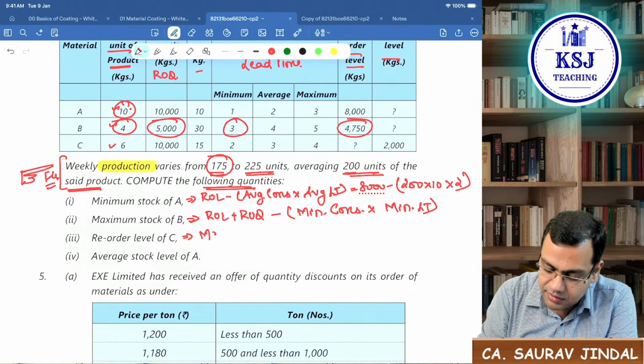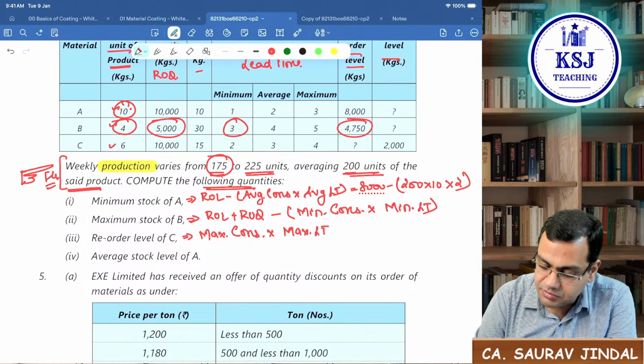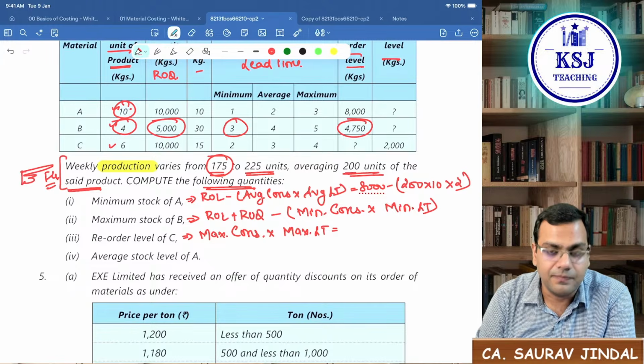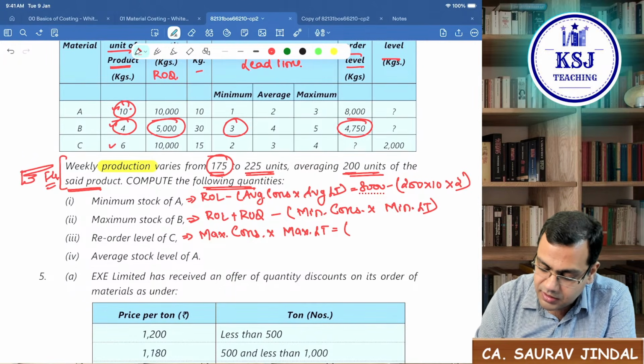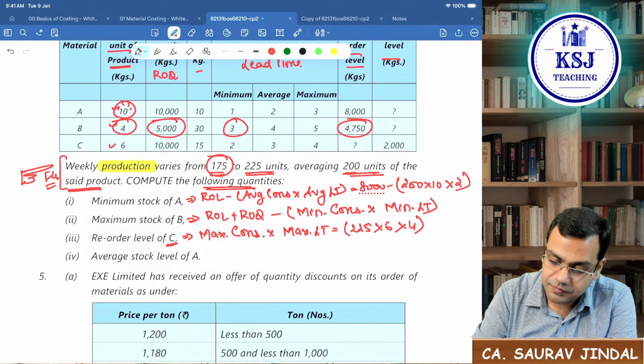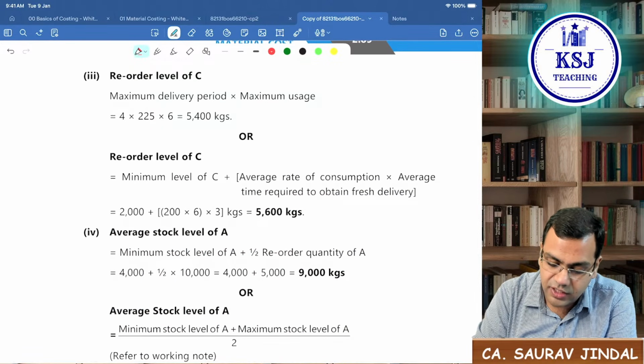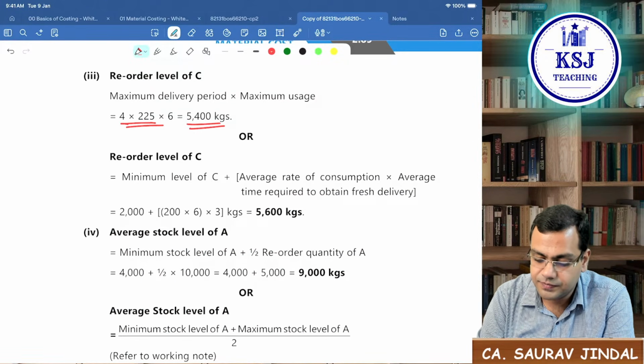Right? Next they are asking for the reorder level of C. Reorder level will be maximum consumption into maximum lead time. What is the maximum consumption? It is the maximum production into 6, with lead time being 4. Now they are asking for C. This is what they have done here. Maximum delivery period 4 into 25 into 6.